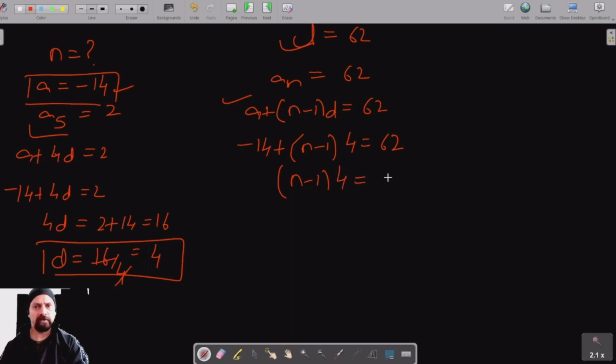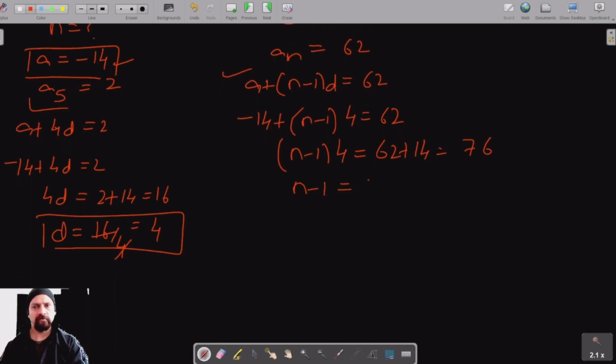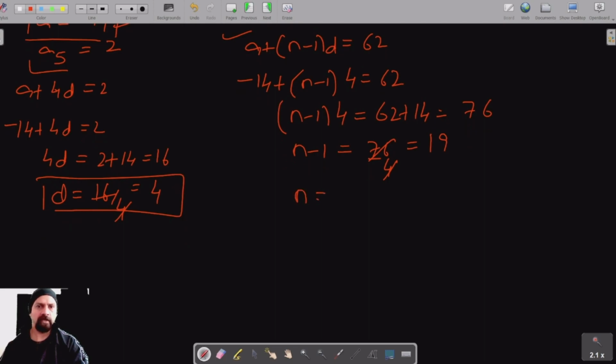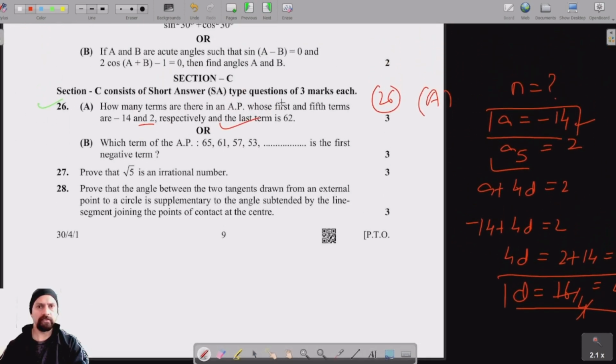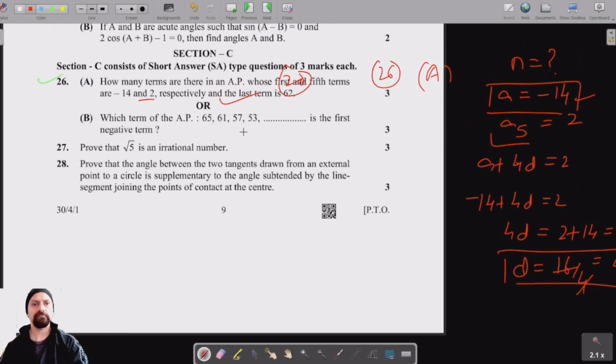So (n minus 1) into 4 is equal to 62 plus 14, which is 76. And n minus 1 is equal to 76 by 4, which is 19. So n is equal to 19 plus 1, which is 20. So there are a total of 20 terms in this AP.